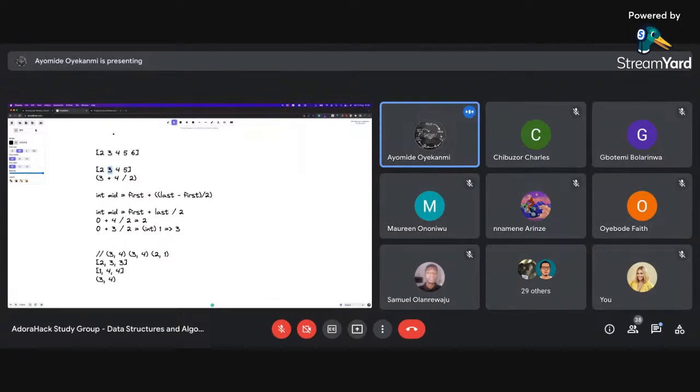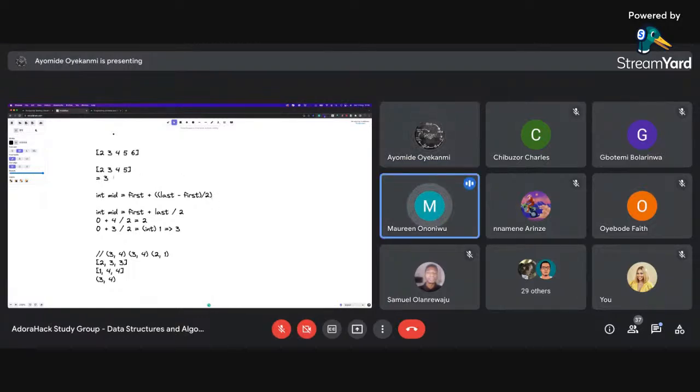So the middle of this array, using either formula, will give you 3, and not 3 plus 4 divided by 2. I'll leave it up to you to find out why we do it like this, and maybe you come and tell everyone in the Slack group, because I think that's an important point. In regular math, if you want to find the middle and there are 4 points, you add the 2 middle ones. But that's not how it works in at least coding problems. I don't know why, so I would like to ask you to find out why and let us know.